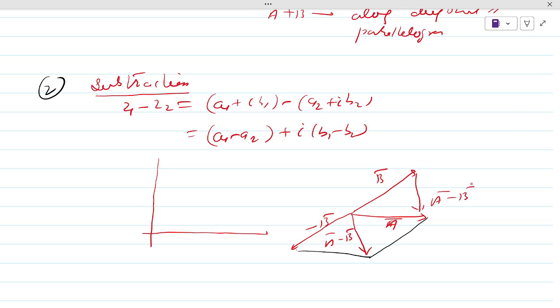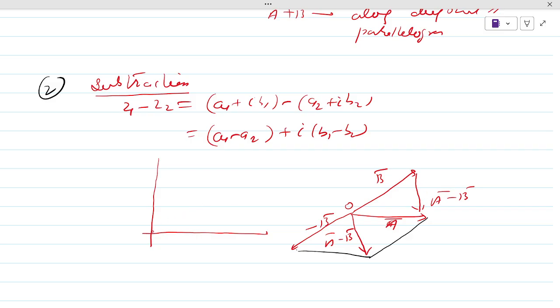Why? Because in mathematics we treat a vector as a free vector. So these two vectors A minus B are parallel, and they are the same.